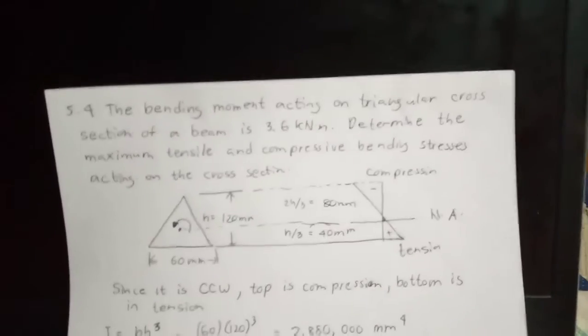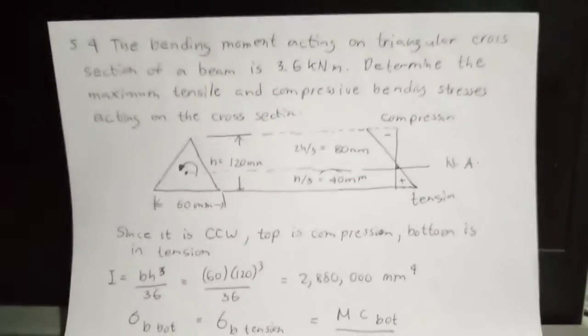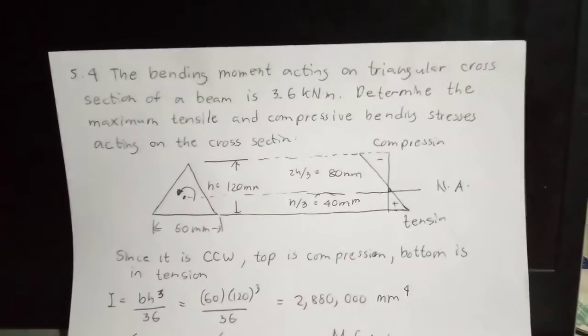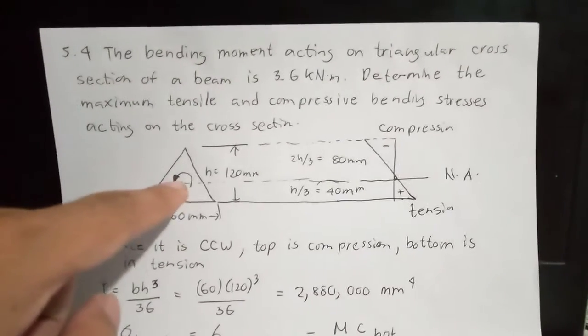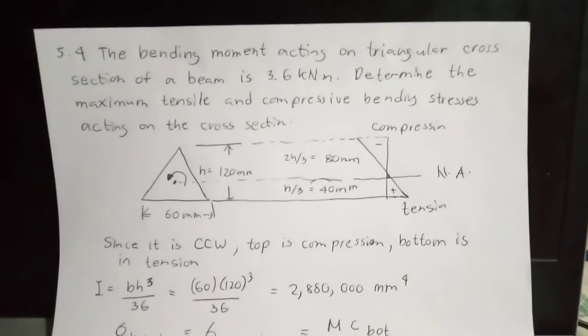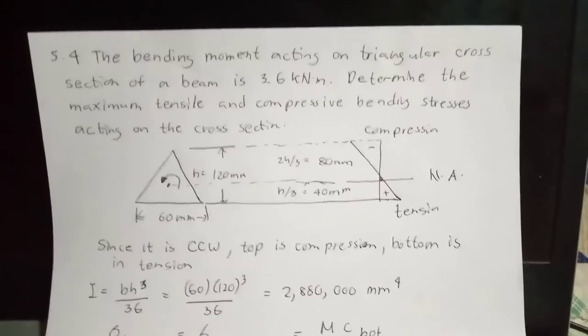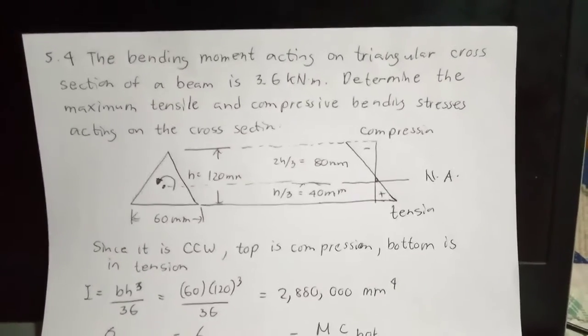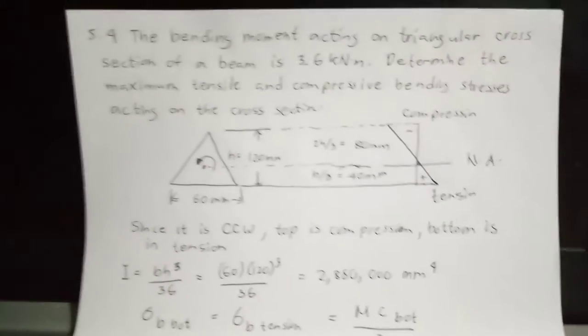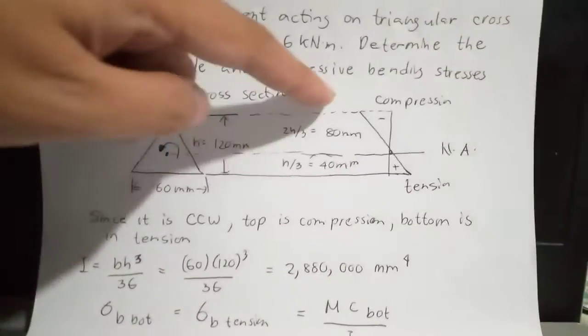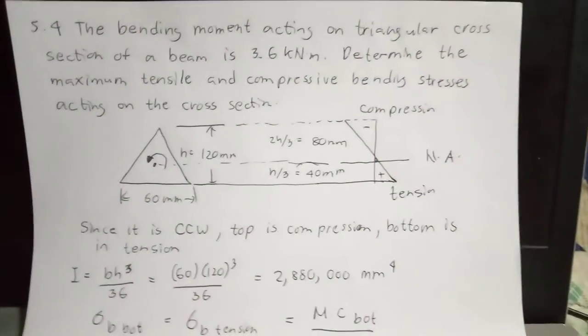Since the bending moment in the drawing, which is 3.6 kilonewton meter, is counterclockwise, therefore the top is in compression and the bottom is in tension.